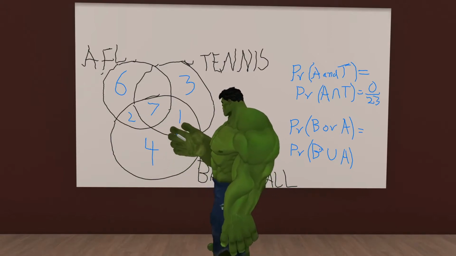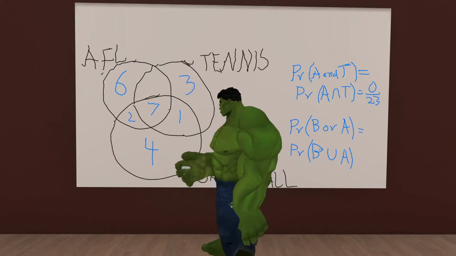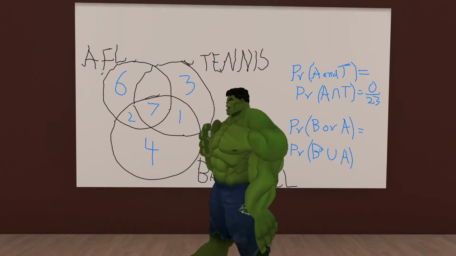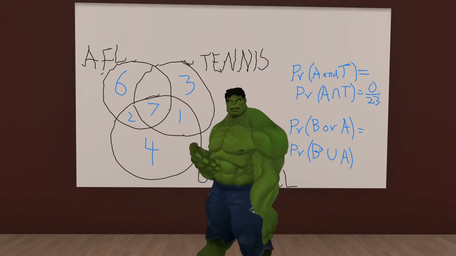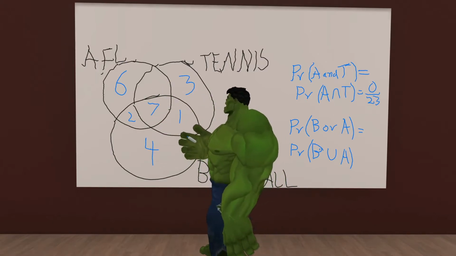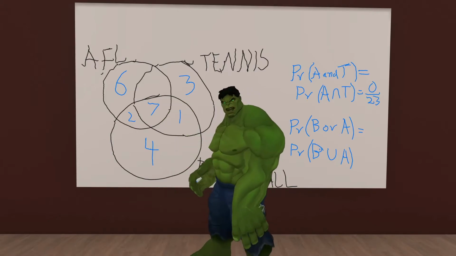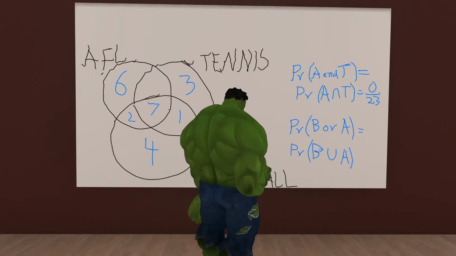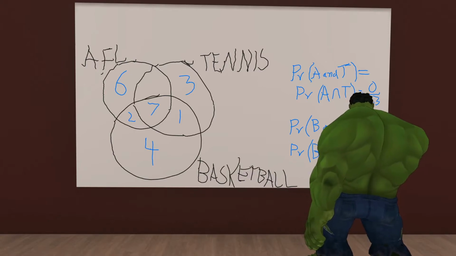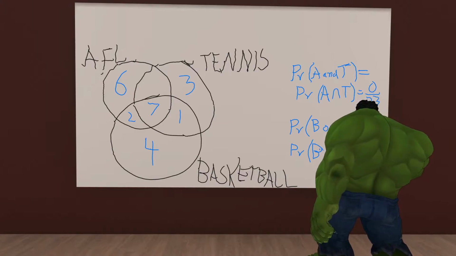That would be 15. Plus 1, 16. Plus 4, which is 20. So there is a probability of 20 out of 23 that we would pick someone that likes either AFL or basketball. Let's write that in now. So 20 out of 23.